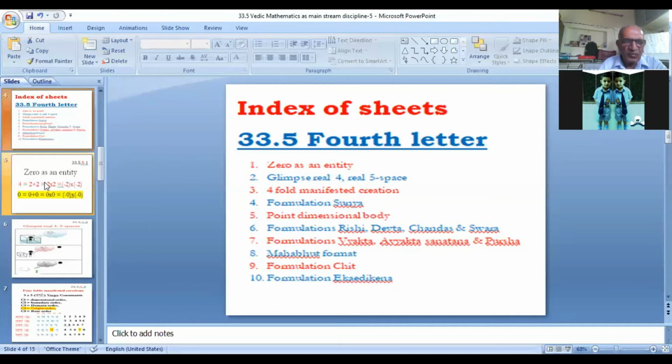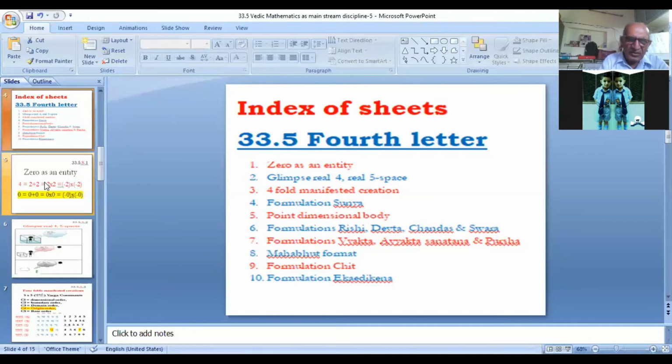The sixth phase and stage of initiation is the quadruple formulations as a single set of formulations. Rishi, Devata, Chandas, and Swara are the quadruple formulations in terms of which every richa, every mantra of the Vedic Samhitas is properly framed, fixed, formulated, and valued.